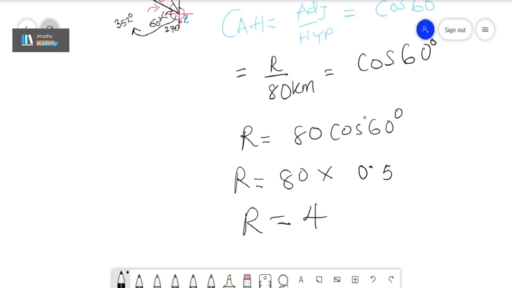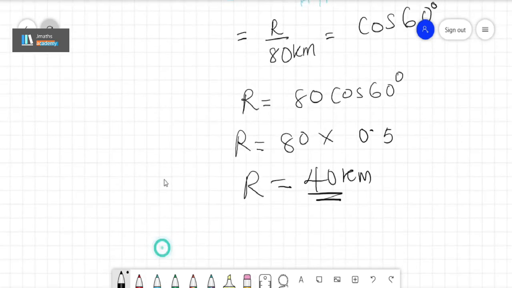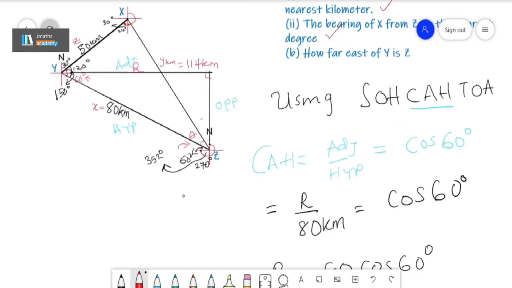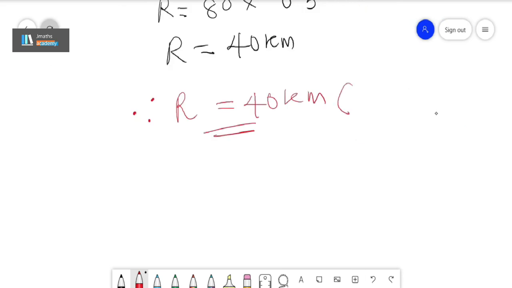So r is equal to 40 kilometers. So therefore, our answer r is equal to 40 kilometers. Now we found out the value for r to be 40 kilometers. So our comment, z is 40 kilometers due east of y.